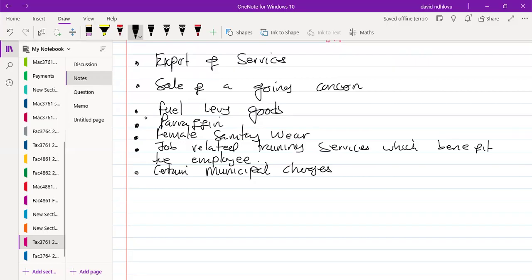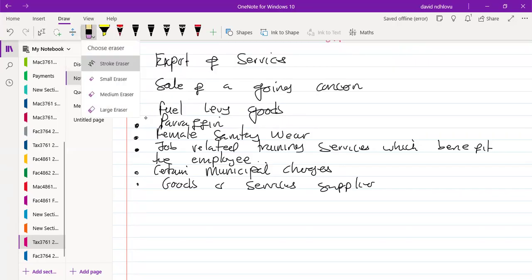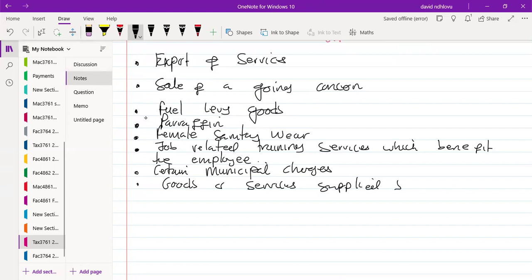Right, and then also goods or services supplied by a vendor, supplied by a vendor acting as an agent of a foreign supplier.